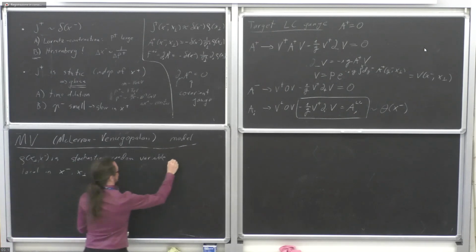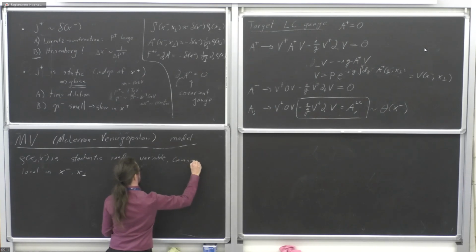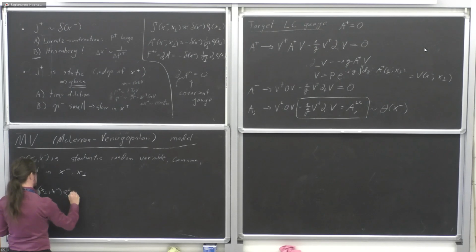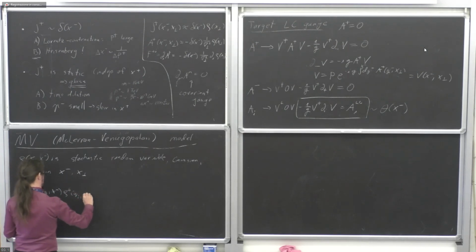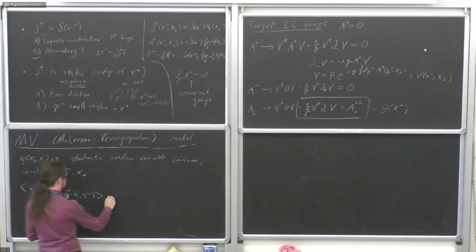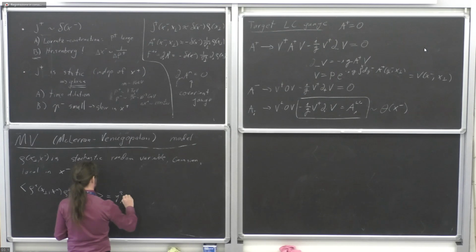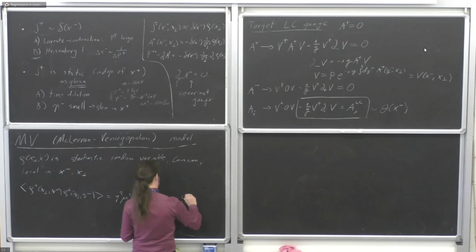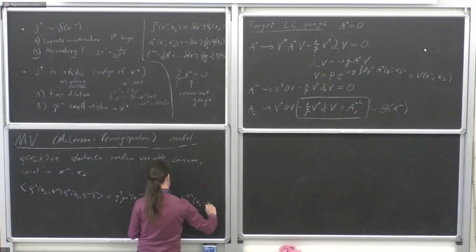So let's say a Gaussian variable, Gaussian in the following sense: when I calculate the correlation function of rho A of x perp and x minus, rho B of y perp and y minus, it is g squared mu squared of x minus, times a delta function of x minus minus y minus and a two-dimensional delta function of x perp minus y perp.